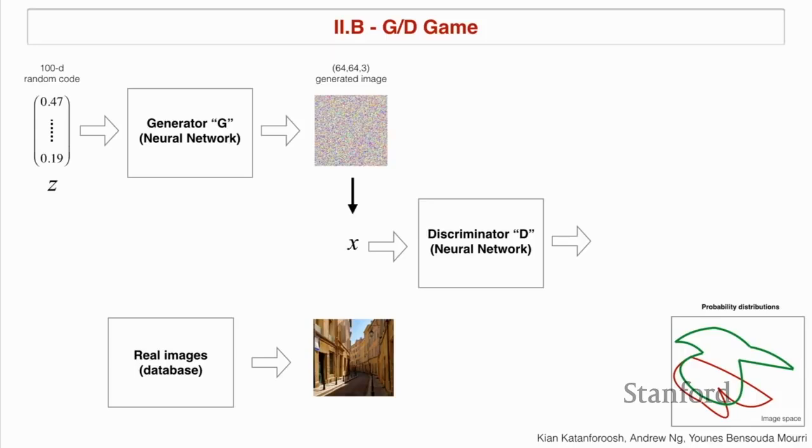Okay, so let's say we give it x coming from the generated image. It's going to give us 0 because we want the discriminator to detect that x was actually G(z). If the image came from our database of real images, we want the discriminator to say 1. So it seems like the discriminator would be easy to train, right? It's just a binary classification.